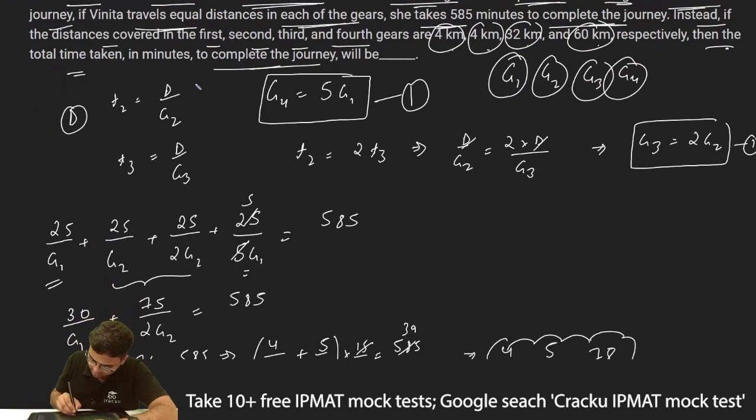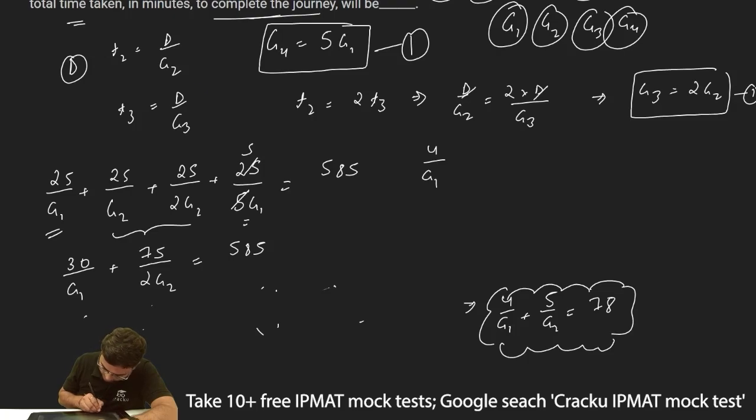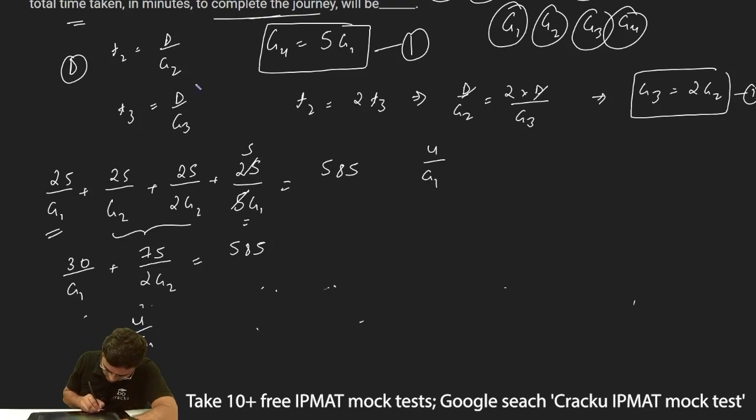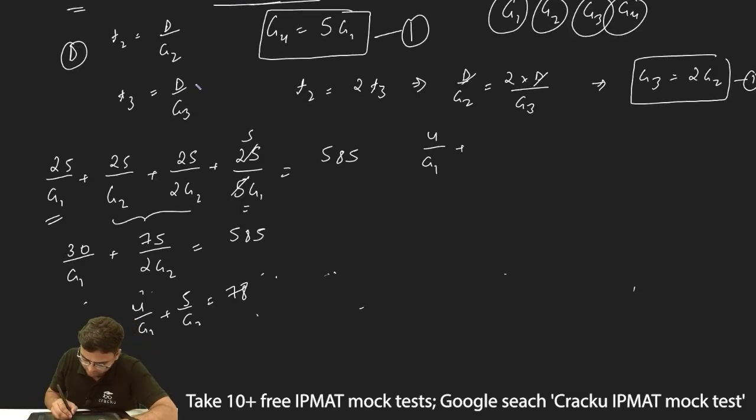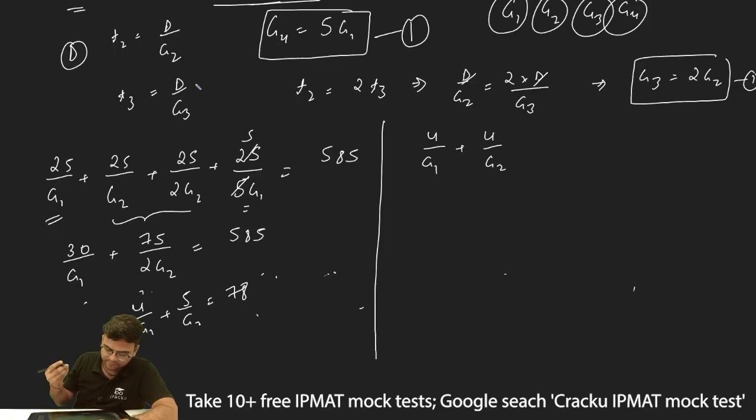We have 4 upon G1 plus 5 upon G2 equal to 78. This is our second case: 4 in first, 4 in second, then 32 in third gear and 60 in fourth gear. How much time will it take?